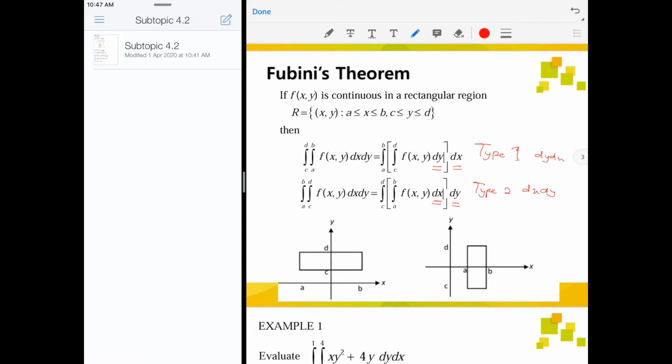Okay guys, since this double integration is over rectangular region, means all of the limits, x is from a until b and y is from c until d, all of the limits are constants. Okay, rectangular region means all limits are constants.